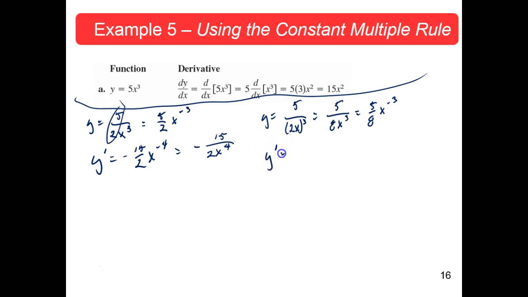So what's your y prime now? Negative 15 over 8, x to the minus 4. And just judging from what they did last time, I would guess they want it as minus 15 in the numerator, and the denominator is 8x to the fourth. Let's see if they got that right. Good for them, they did. Any questions? Make sense?